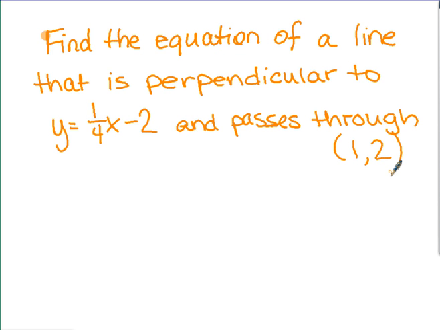So we're finding the equation of a line that is perpendicular to y equals 1/4 x minus 2 and passes through (1, 2). Go ahead and pause the video and try that problem, and when you're ready, go ahead and hit play.